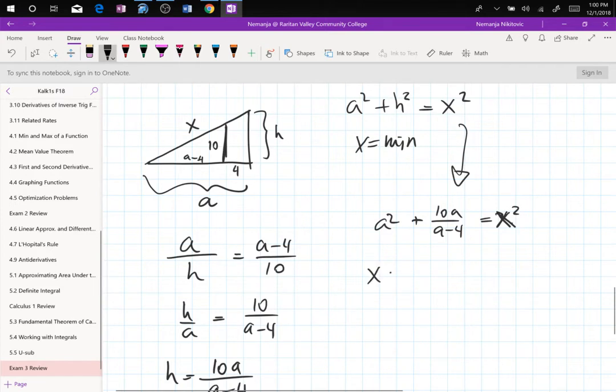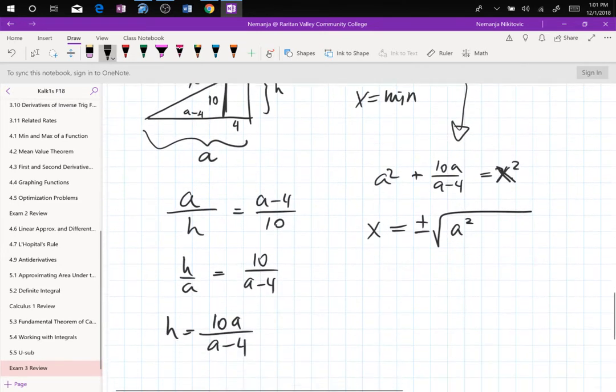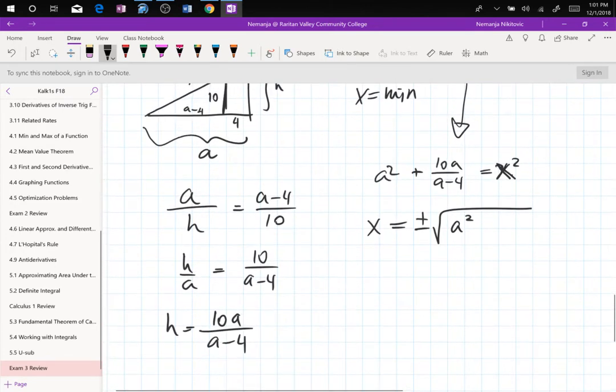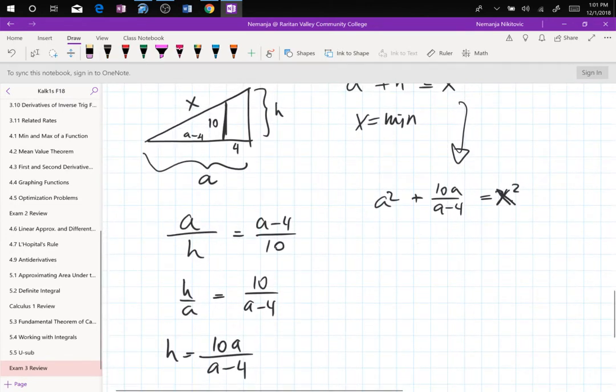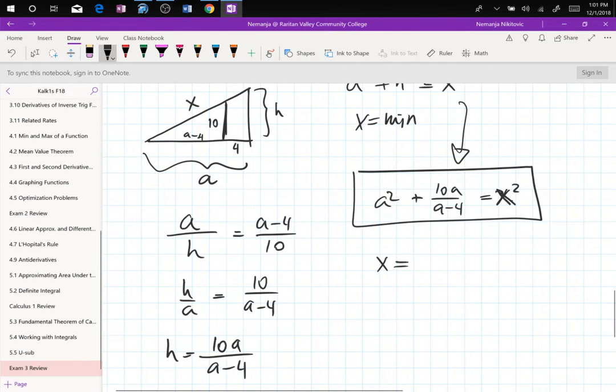So X is the plus minus square root of... let me just erase this. So here we go. This one over here is the mathematical model. So X is equal to plus minus square root of A squared plus 10A over A minus 4.